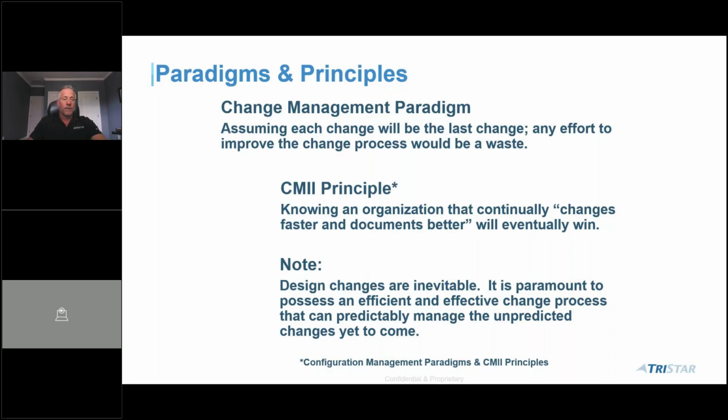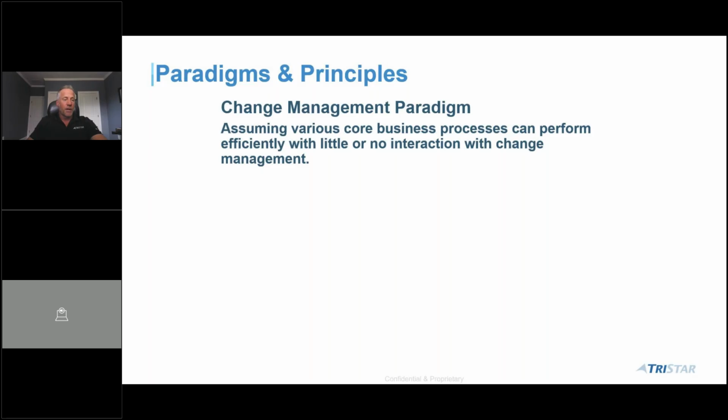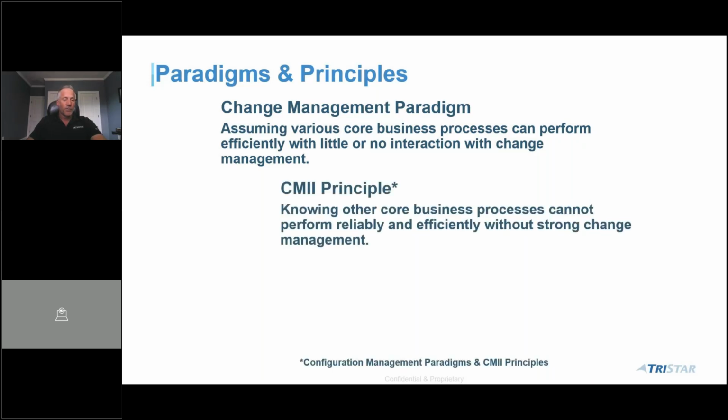Okay. The next principle, the last principle, is assuming that the core business processes can perform efficiently with no interaction with change management. And so the CM2 principle for this one is knowing core business processes cannot perform reliably and efficiently without strong change management.